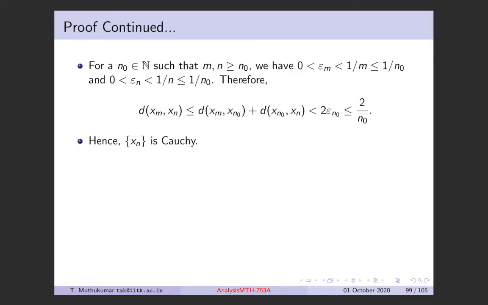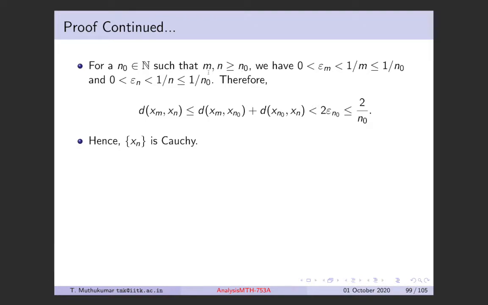So using this property, if you look at the distance between xm and xn, by the triangle inequality this is at most the distance between xm and x n naught plus the distance between x n naught and xn, where m and n are bigger than n naught.